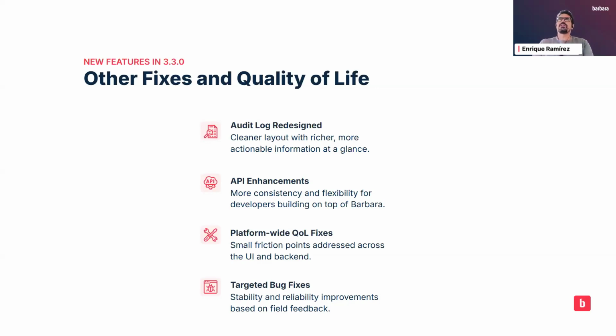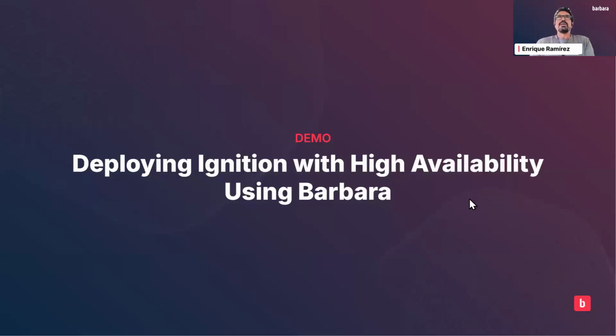Okay, that is more or less the full 3.3.0 version that we have just put in production. And by the way, we have another one which is in QA, which includes the audit log, which includes a lot more functionalities that will be presented in the next weeks. Okay, so that's all from the 3.3.0 version, and it is now time for showing you how to deploy Ignition.